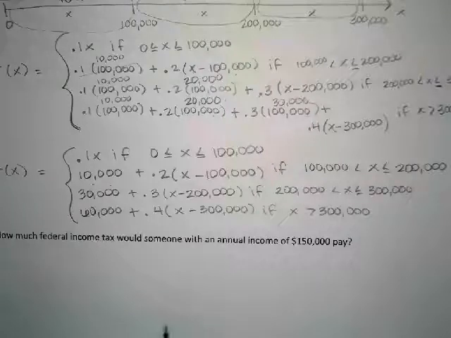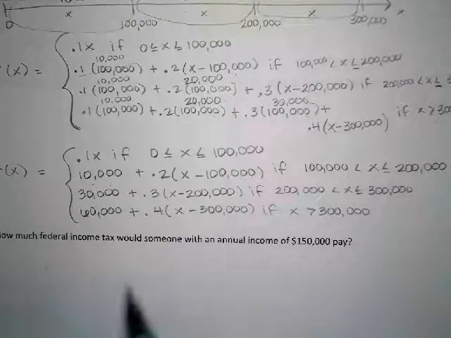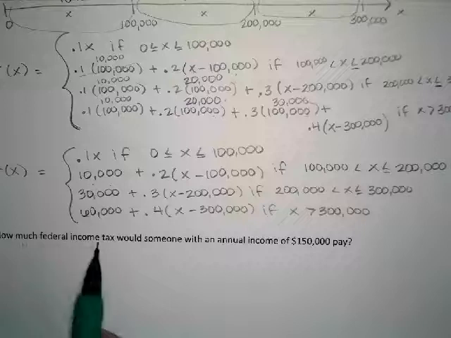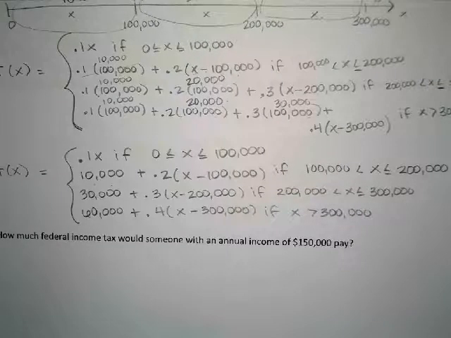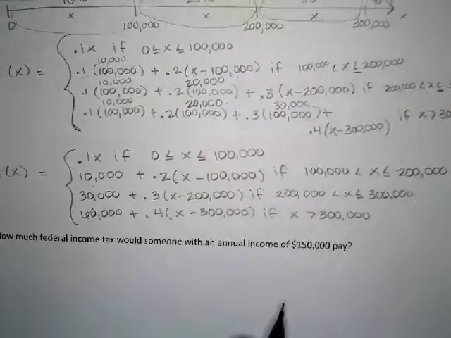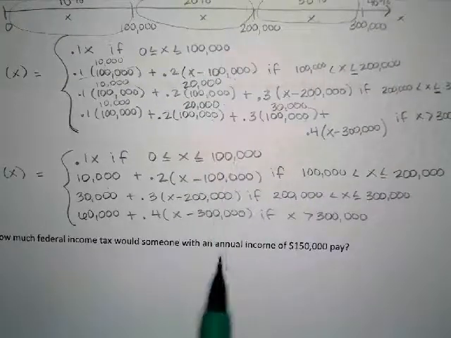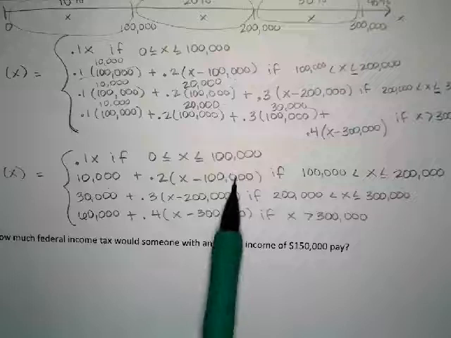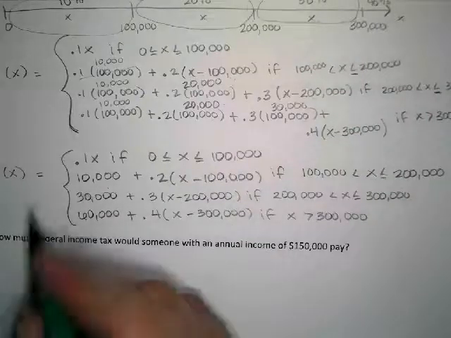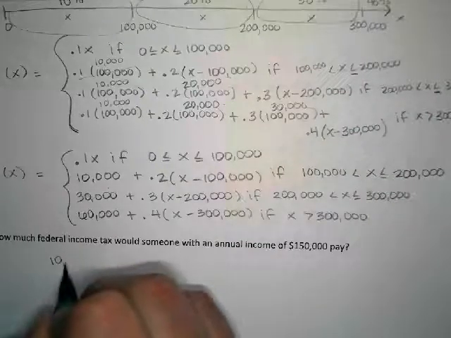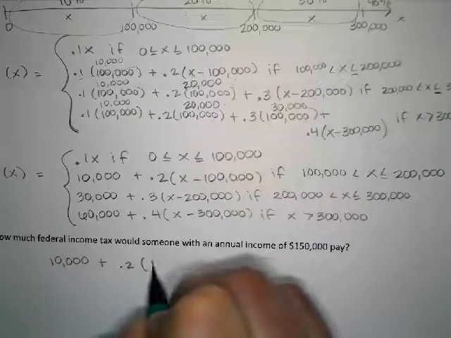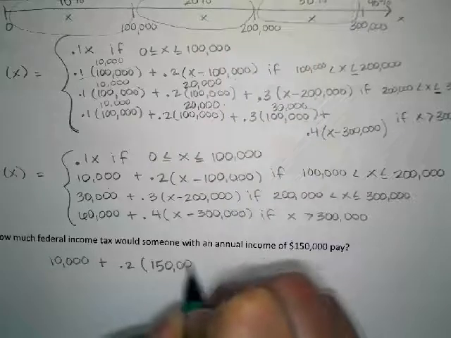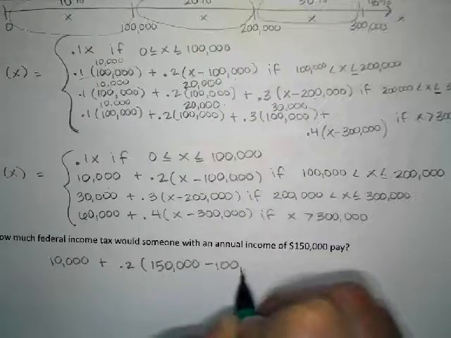How much federal income tax would someone with an annual income of $150,000 pay? All right, which of the lines are we going to use? The second one. Okay, we are going to look at 10,000 plus 0.2 times 150,000 minus 100,000. So we're just using our little formula there.